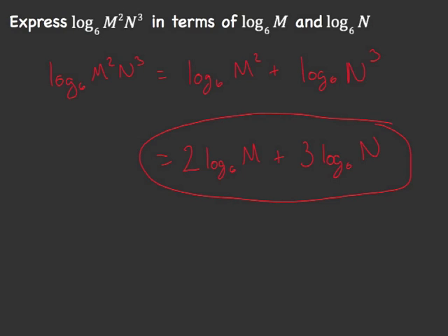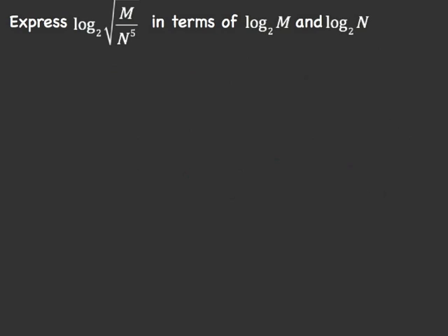Another way we can get this to do what we want is if we had fractions, and we could rewrite something with fractions in it. For example, this: log base 2 of the square root of m over n to the 5th. What I'm going to do first is treat that square root as an exponent.